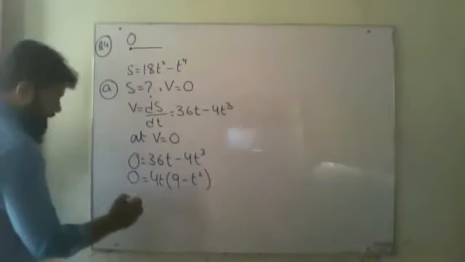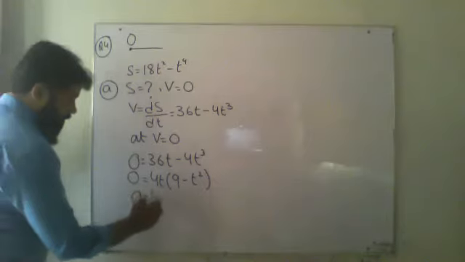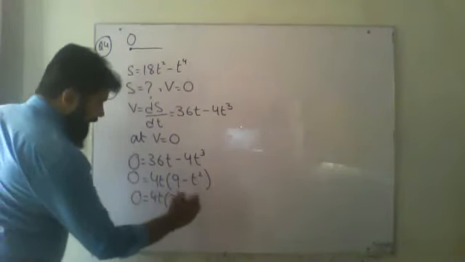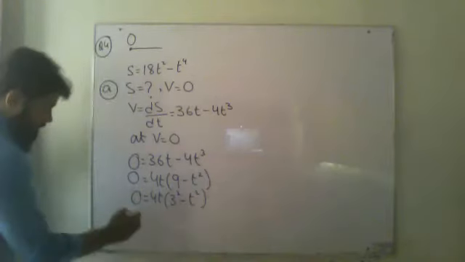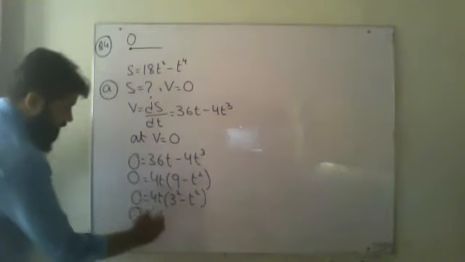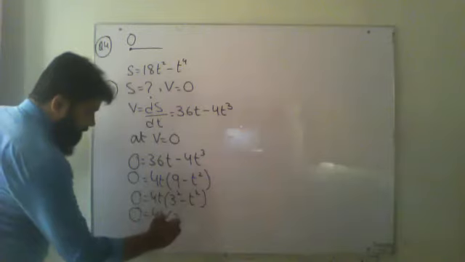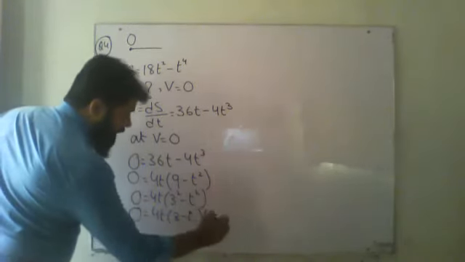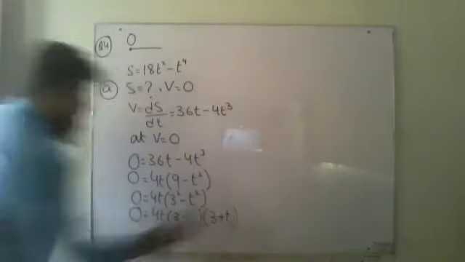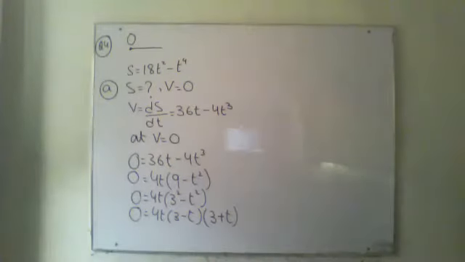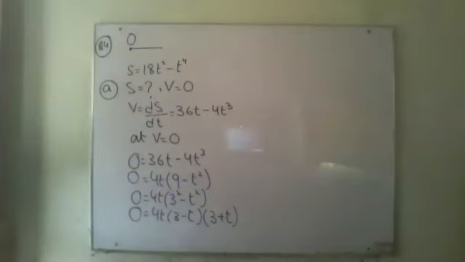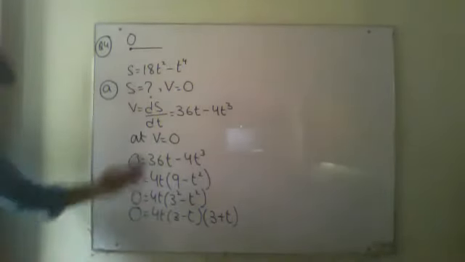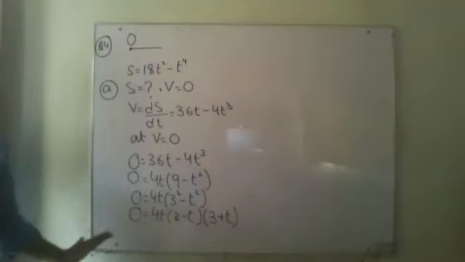After this, 9 can be written as 3 squared minus t squared. So 0 equals 4t times (3 minus t) times (3 plus t). I could have directly shifted it over here, but I haven't done it; I first simplified the whole thing.